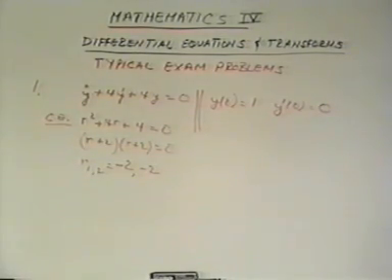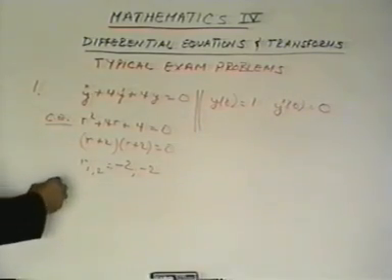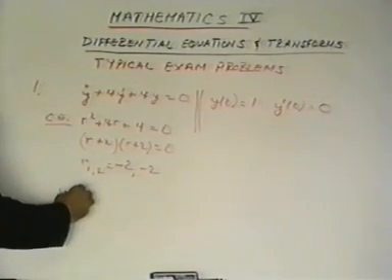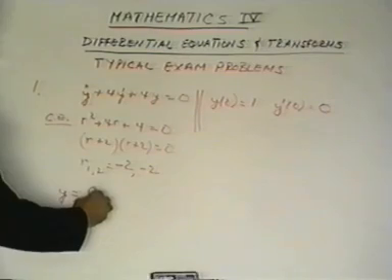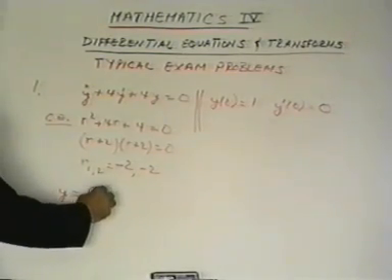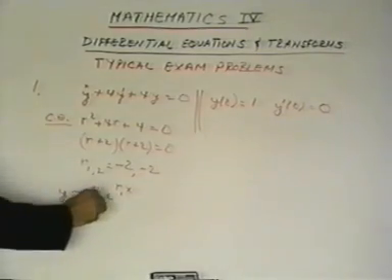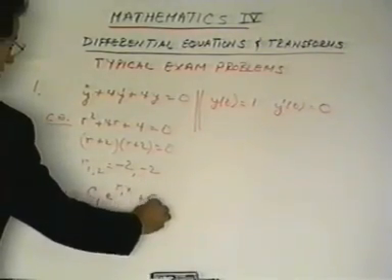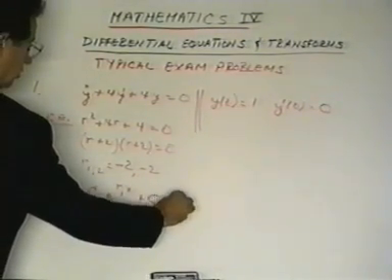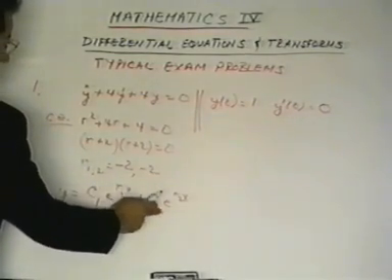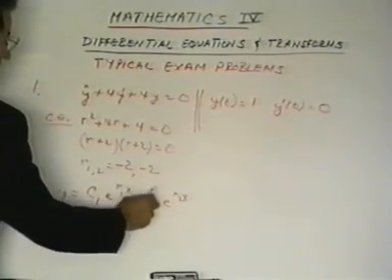So what does the solution look like? The solution, y, will be equal to some constant, c1, times e to the r1 times x, plus c2 times e to the r2 times x. And notice that we must include, at this point, a factor of x.